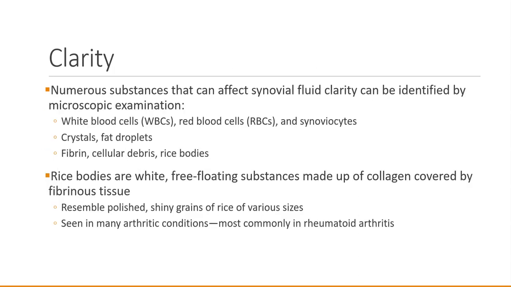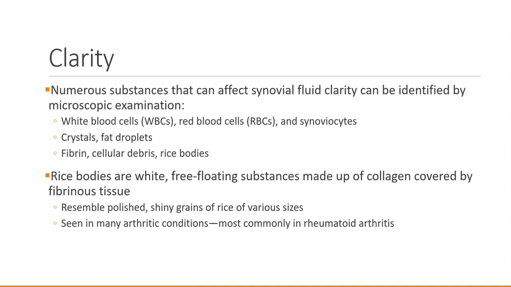Clarity. There are numerous substances that can affect synovial fluid clarity, and they can be identified by microscopic examination. White blood cells, red blood cells, and synoviocytes, crystals and fat droplets, and fibrin, cellular debris, and rice bodies. I had to look rice bodies up because it was something I wasn't familiar with.